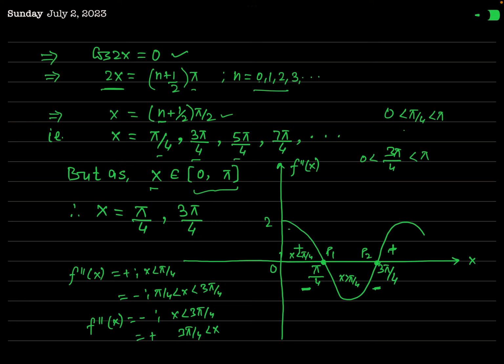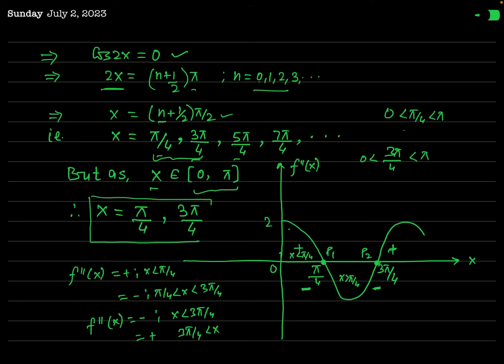And you can see only the first two values, pi by 4 and 3 pi by 4, lie in this interval, because 5 pi by 4, 7 pi by 4 and so on, are all greater than pi. So only pi by 4 and 3 pi by 4 lie between 0 and pi. So we must select only two values.